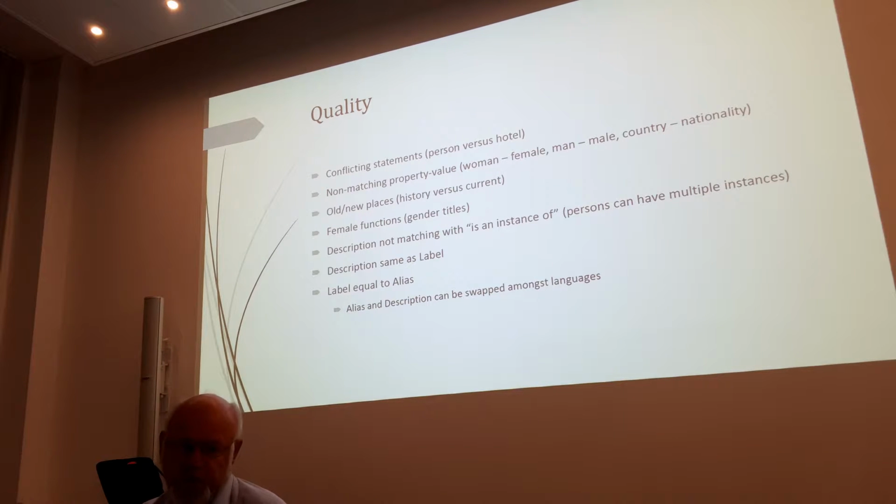It should be female. So with Wikidata Query, you can identify all those mismatched property values. For female functions, if there is the male function that is used, you could correct it and put it into the female function description.